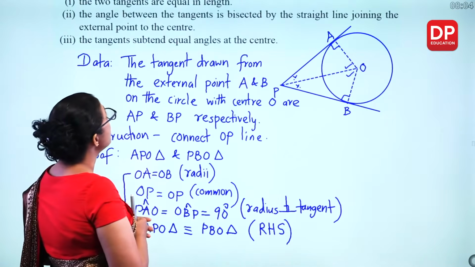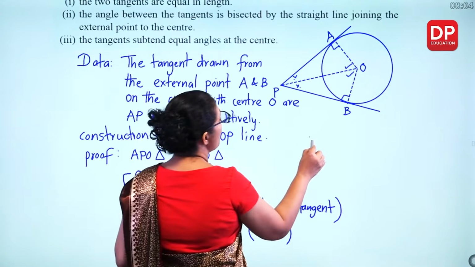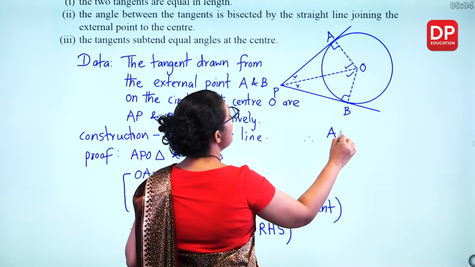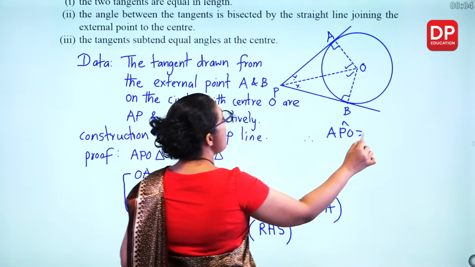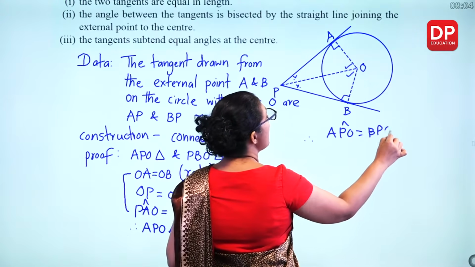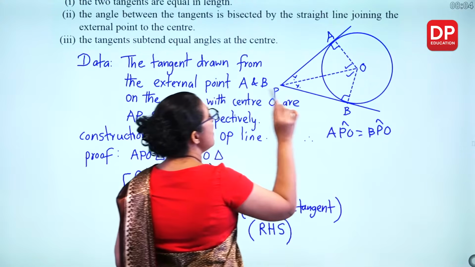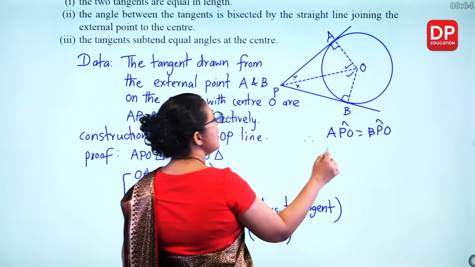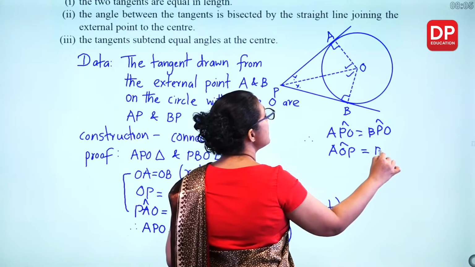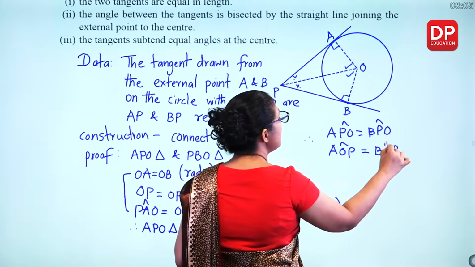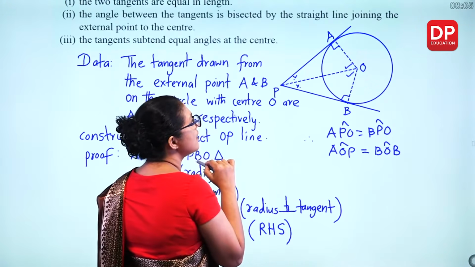Therefore, angle APO is equal to angle BPO. And what's the next one? Angle AOP is the same as angle BOP. What's the third one?